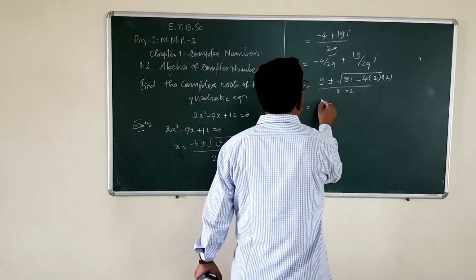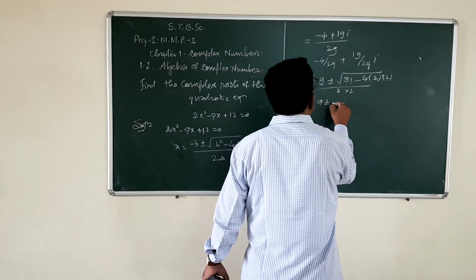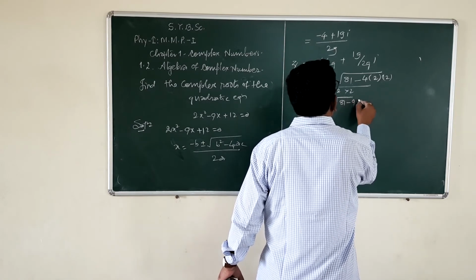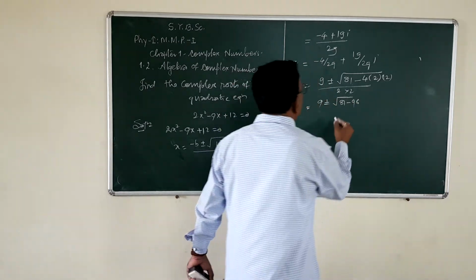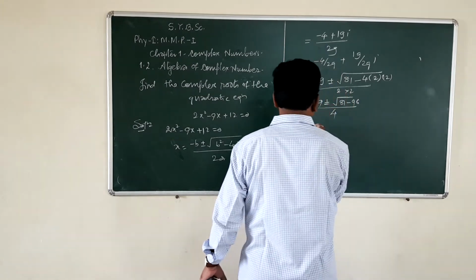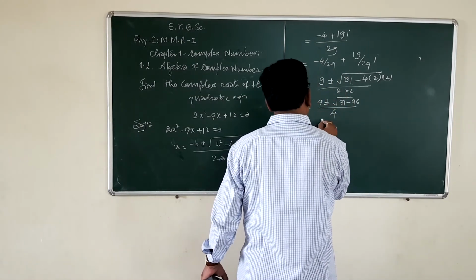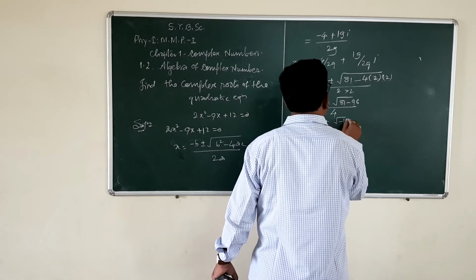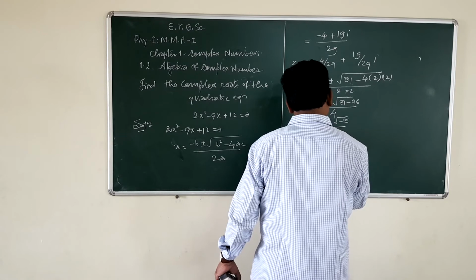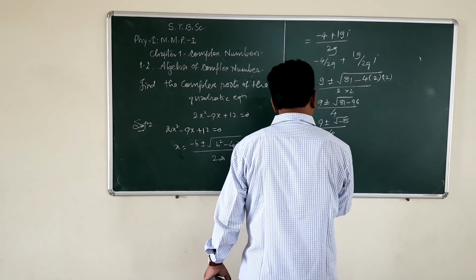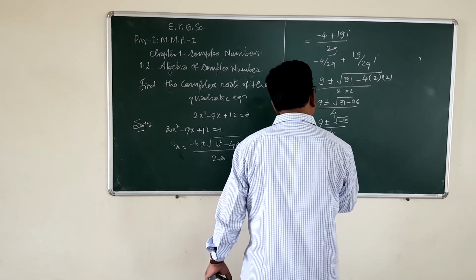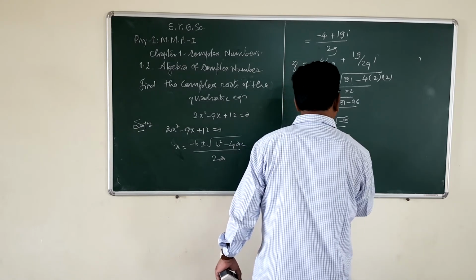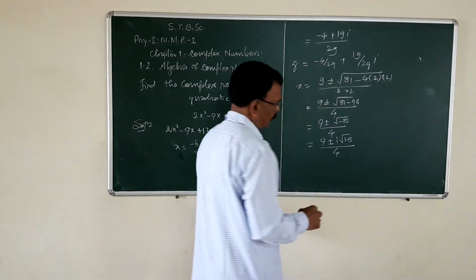After simplification of this term, we will get 9 plus minus under root 81 minus 96 divided by 4. Solving this term, we will get 9 plus minus under root minus 15 upon 4, that is 9 plus minus i root 15 divided by 4.